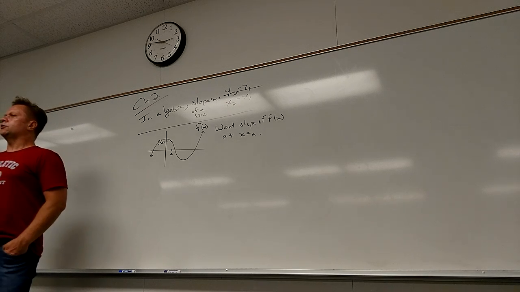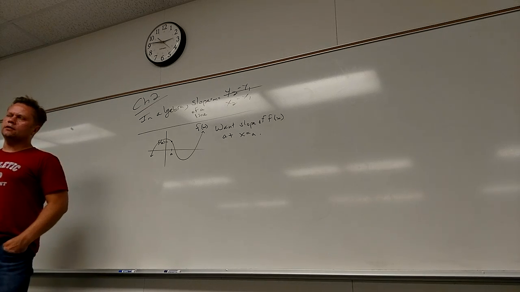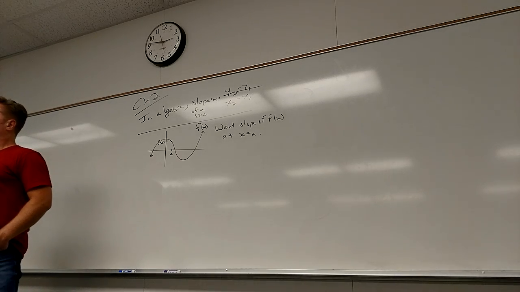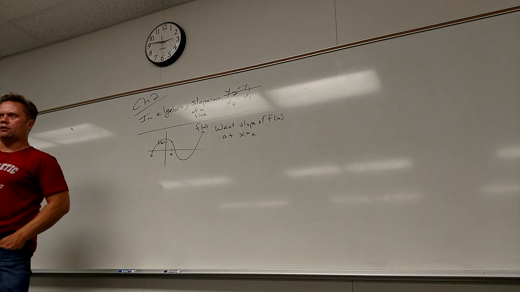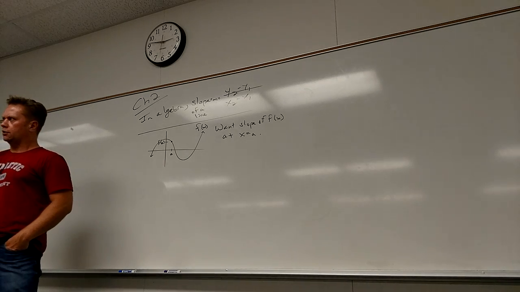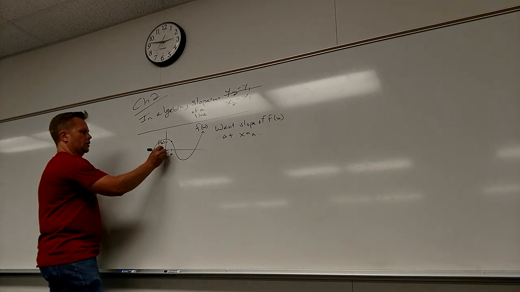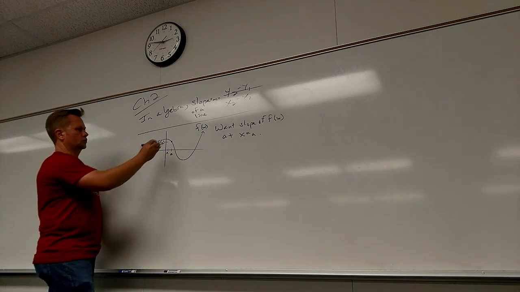Then I can pick some other point near it. In this formulation, we aren't defining the distance away as h. Remember, that's how far apart those points were, h apart on the x-axis. This is more just saying, let's pick a point near a and let it get really close to a.